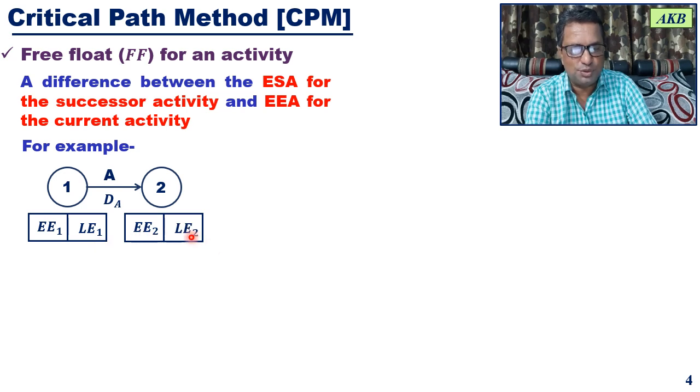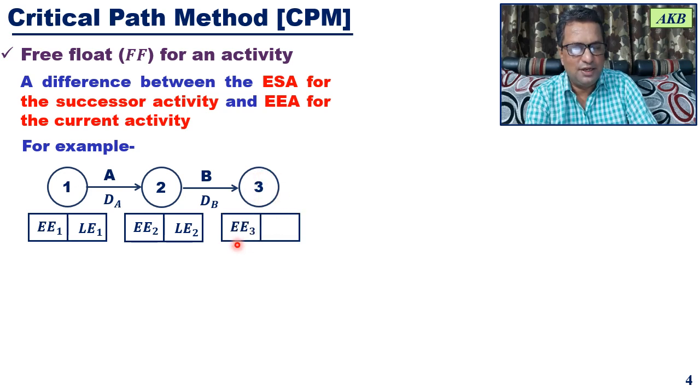Then event 2 acts as the start event for activity B, which is going to proceed for duration DB, and it is going to get completed at event 3, for which you have earliest event time EE3 and latest event time LE3.